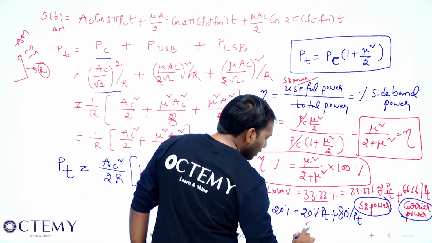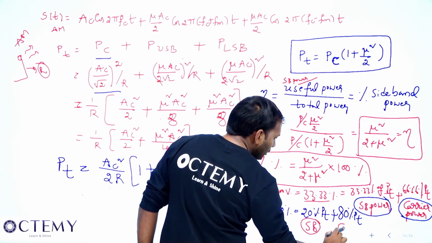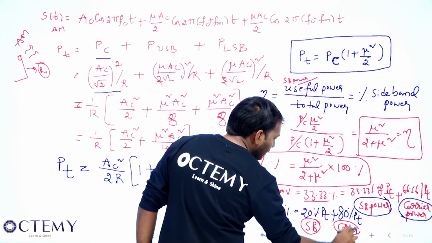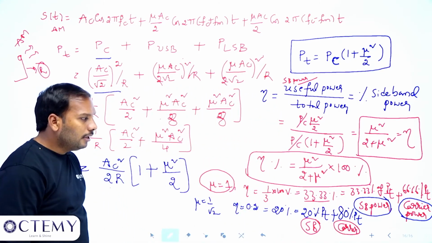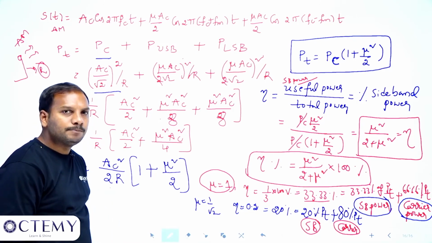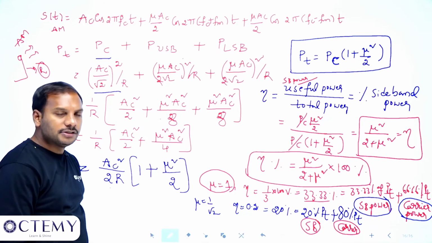So this is the sideband power and this is the carrier power which is being wasted here. 20% of PT is the sideband power and 80% of PT is the carrier power, so that will be wasted here.